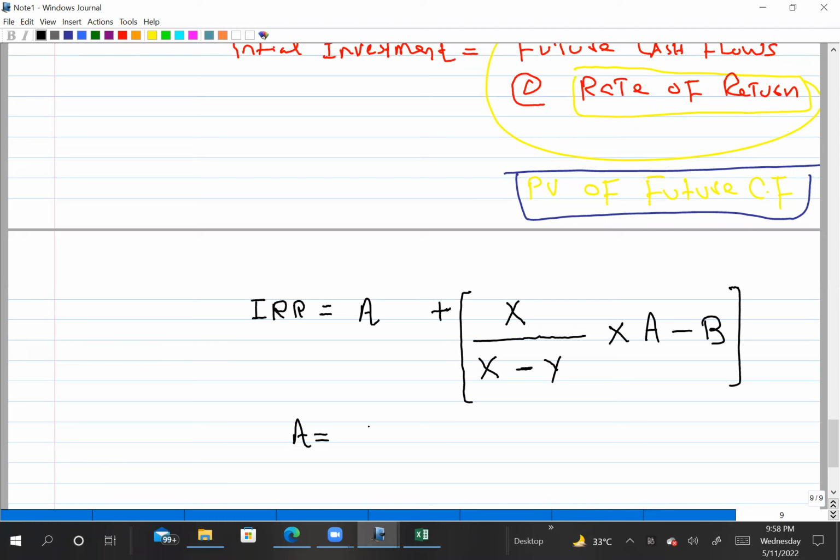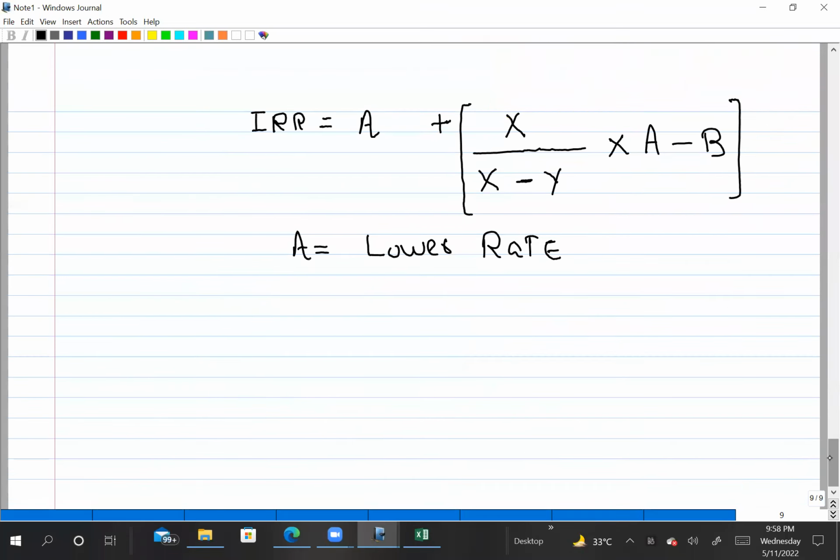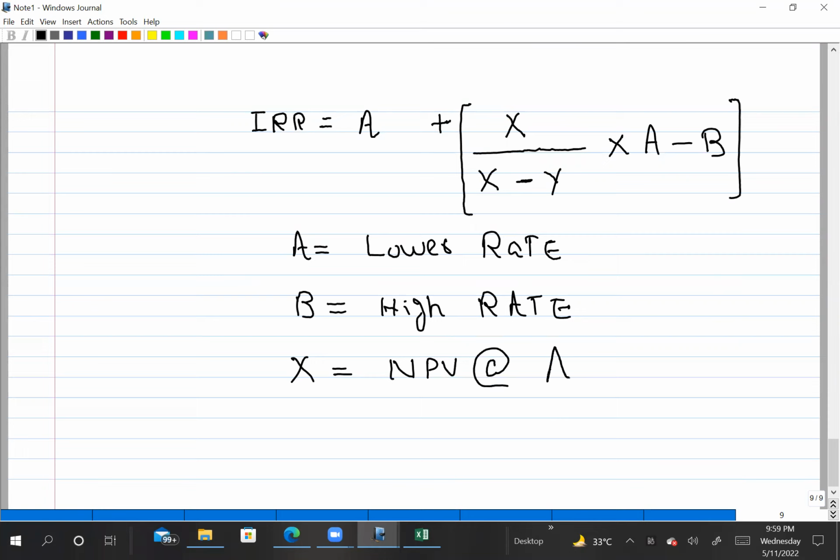Here A is equal to the lower rate, B is equal to the higher rate, X is equal to NPV at A, Y is equal to NPV at B. A is the low rate and B is the high rate.